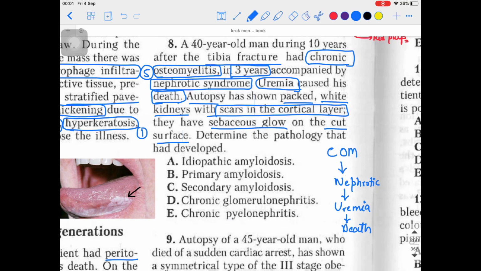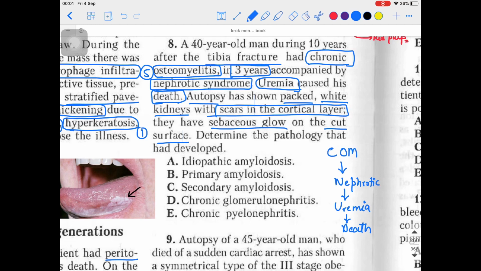So you should remember some of the important inflammatory diseases or carcinomatous diseases which can lead to secondary amyloidosis later on in the patient. So what are these? Secondary or reactive amyloidosis: some tissue destructive conditions, some inflammatory conditions. For example, it can be chronic infectious or non-infectious. Okay, it has to be chronic.